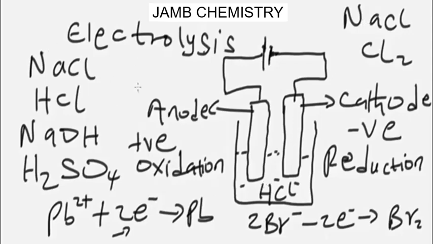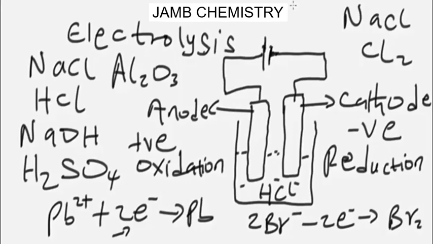For instance, in the electrolysis of aluminium oxide, aluminium will move towards the negative electrode, that is the cathode, to get reduced to form aluminium atom, whereas the oxygen will move towards the positive electrode, that is the anode, to get oxidized to form oxygen gas, the gaseous form of the atom.